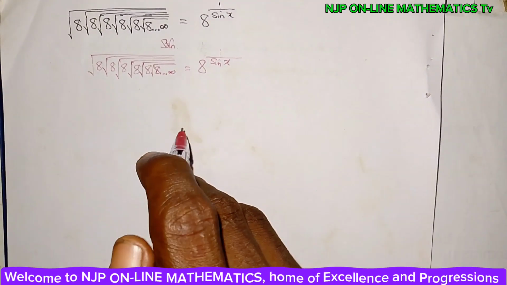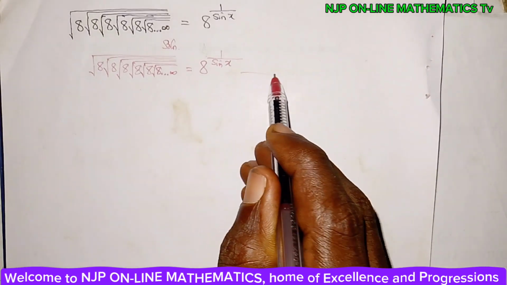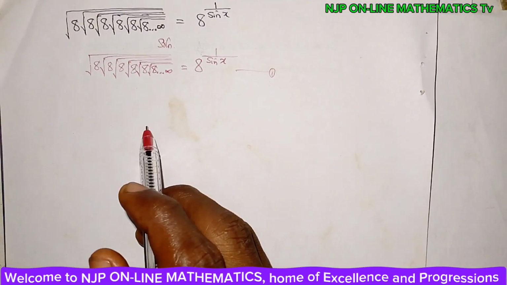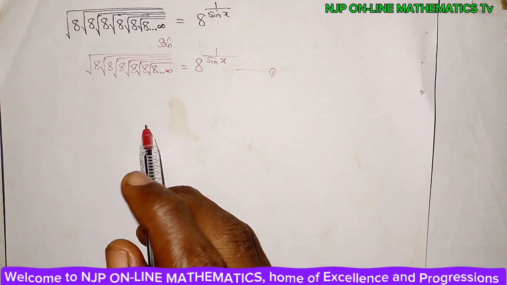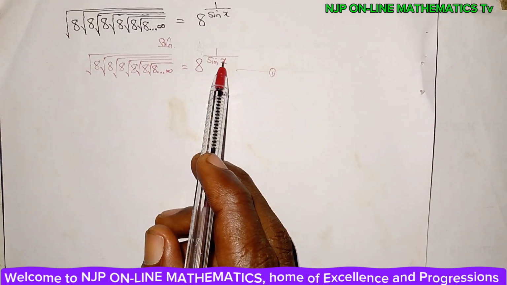So this is the original problem we are given. We have to take note of this as the original equation. We call it equation 1, and we are going to determine the value of x here.